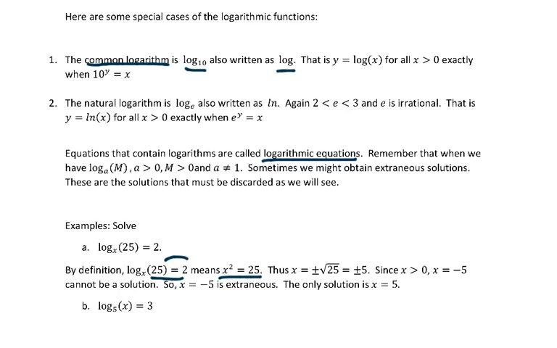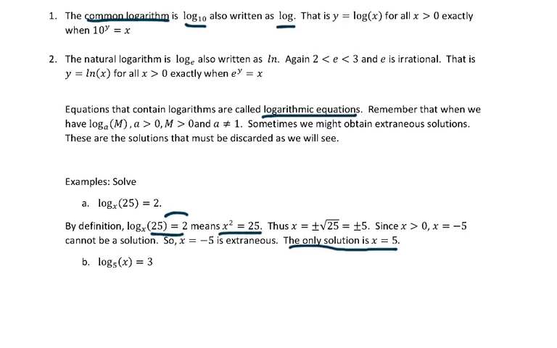Taking the square root, we get x is either plus or minus the square root of 25, which is plus or minus 5. But again, x has to be positive. Okay, that's what we just said. So the negative 5 we actually throw away because it can't be a solution. In terms of the context of the problem, which is the logarithm, it can't be a solution, so we throw it away. Thus, the only solution here is 5.